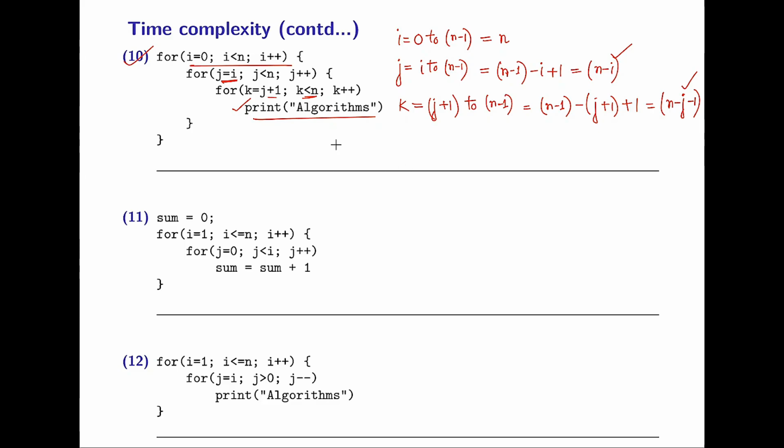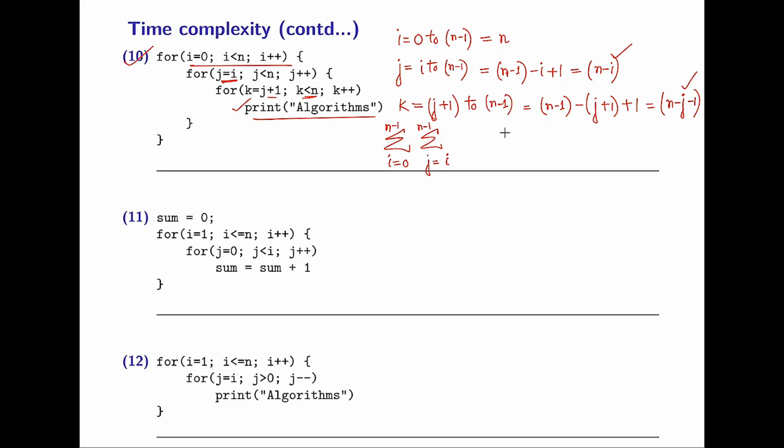So I am writing in terms of summation, or you can directly sum up also. i equal to 0, i is going to run from 0 to n minus 1. And then j is equal to i to n minus 1.